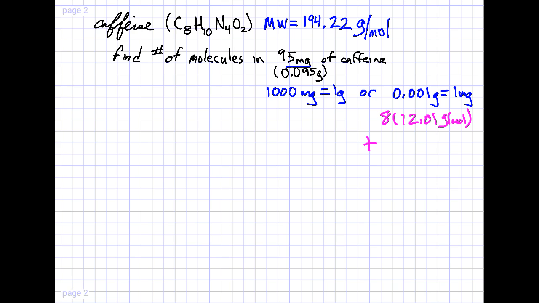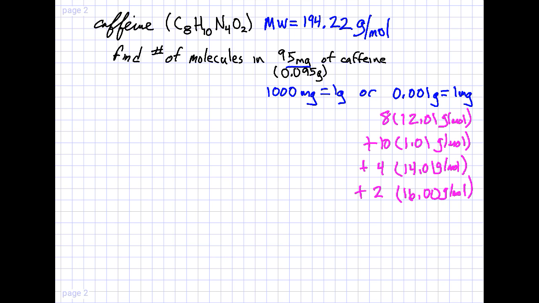So in this case, there are 10 hydrogens, so we have 10 times 1.01 grams per mole, plus our 4 nitrogens times 14.01 grams per mole, plus 2 oxygens, each at 16.00 grams per mole. So you'd have to go through, and it would be expected that you could look these values up on the periodic table yourself, show your work, and then multiply those through and find out what the actual molecular weight is.